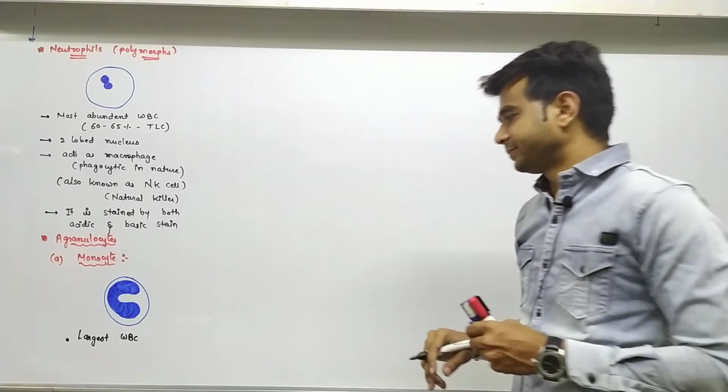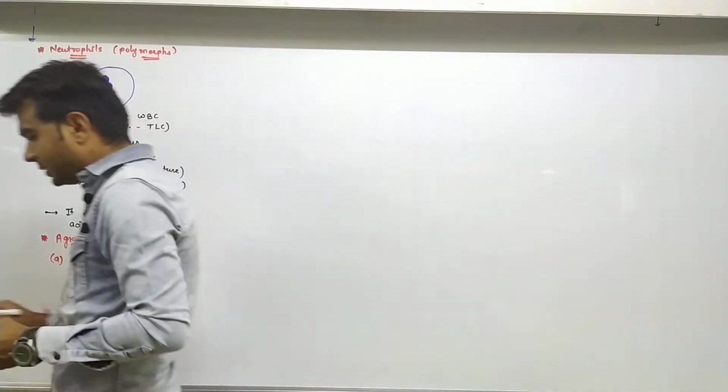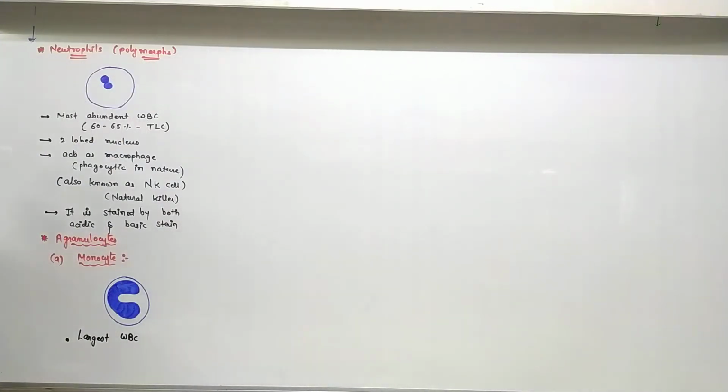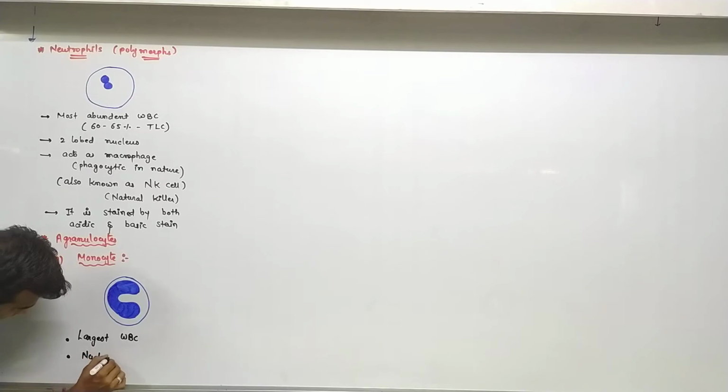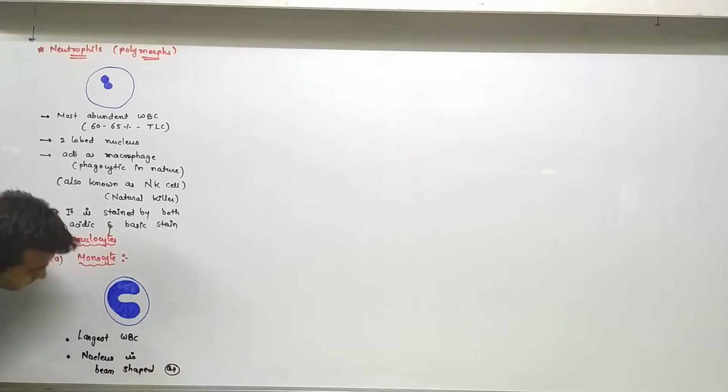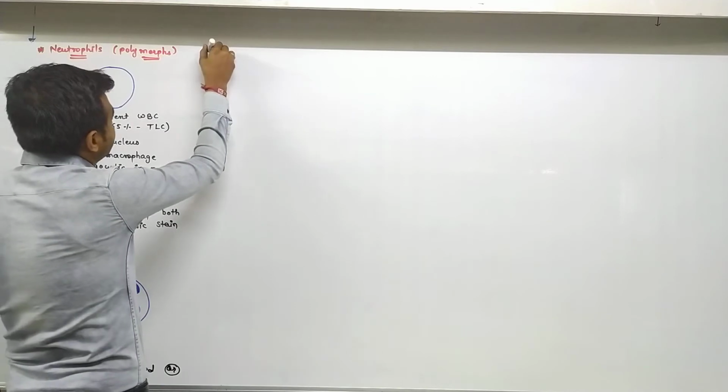Smallest is basophil. Fine. So here the nucleus is bean shaped, or we say kidney shaped.